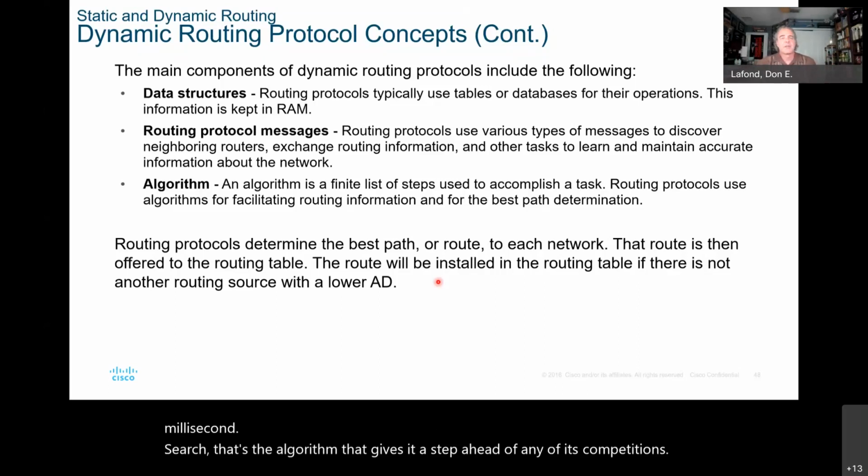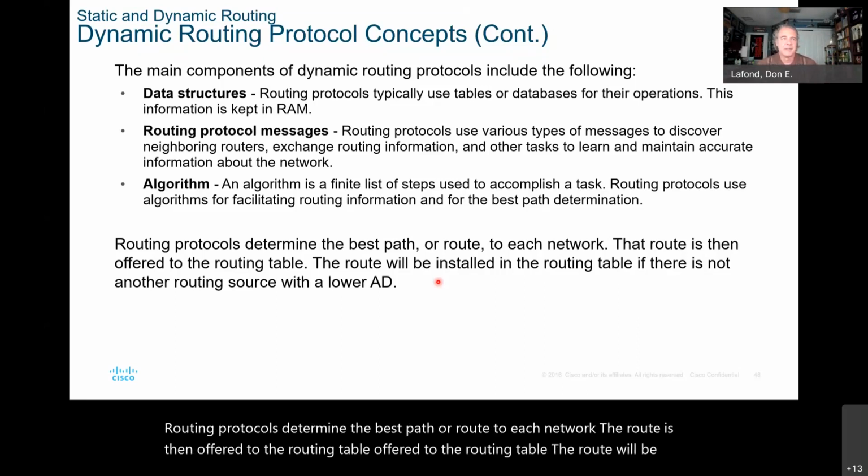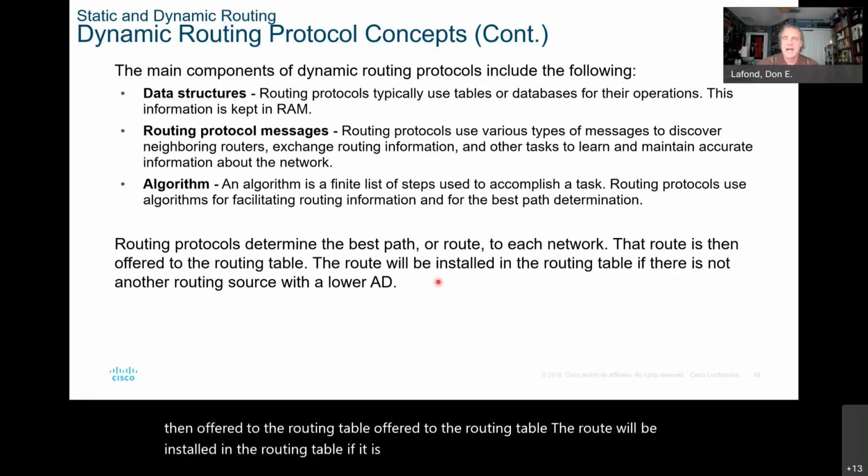Routing protocols determine the best path or route to each network. The route is then offered to the routing table. The route will be installed in the routing table if there is not another routing source with a lower administrative distance.